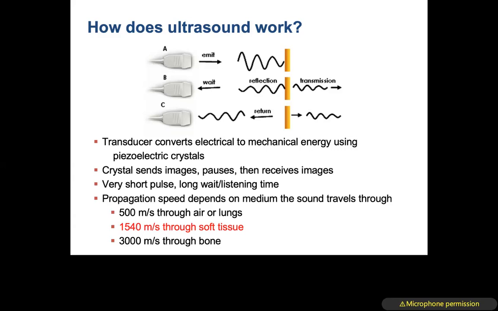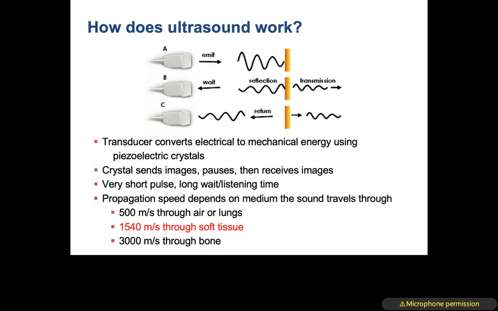Ultrasound waves don't travel very well through air or lungs, so it goes pretty slow there, 500 meters per second. It travels at 1540 meters per second through soft tissue. I put that in red because if you ever take boards, that's the number they want you to know. And it travels very fast through dense tissue such as bone, at 3000 meters per second.